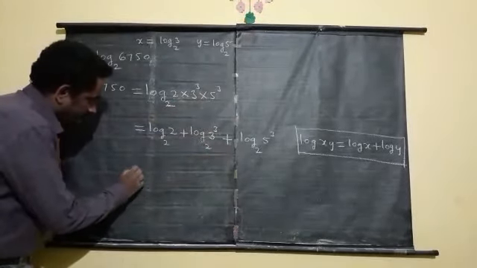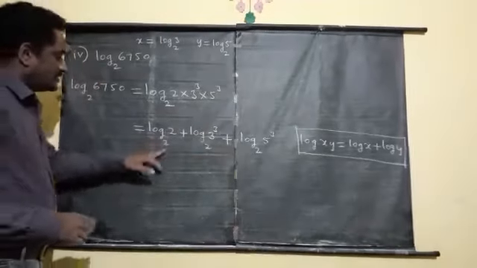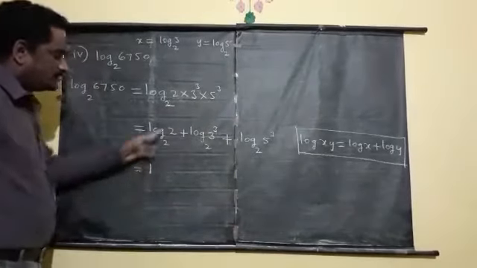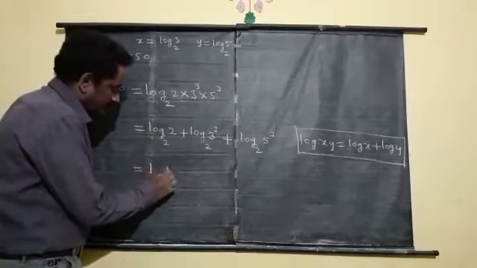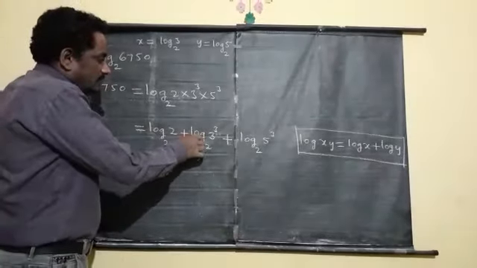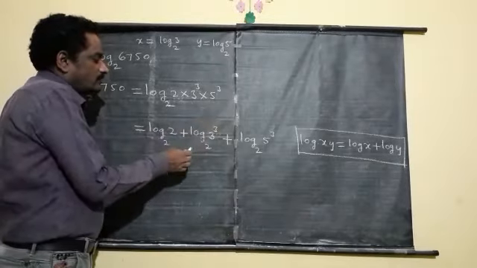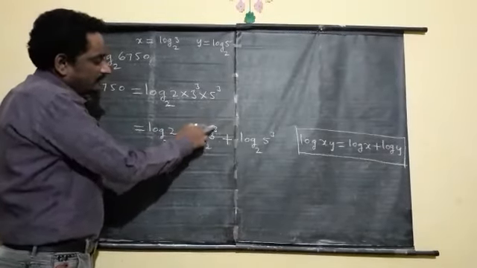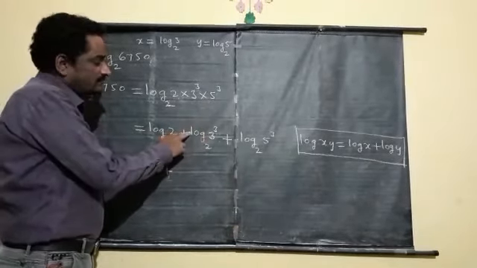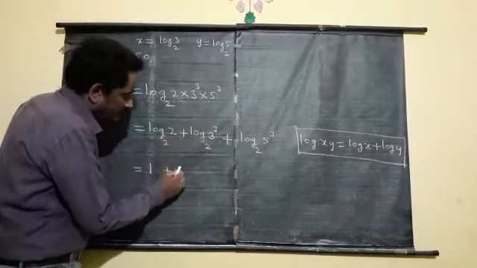In the next step, log 2 base 2 is equal to 1, plus log 3 cube base 2. Log 3 cube, how can we write? 3 log 3. The 3 comes to the left side of the log.